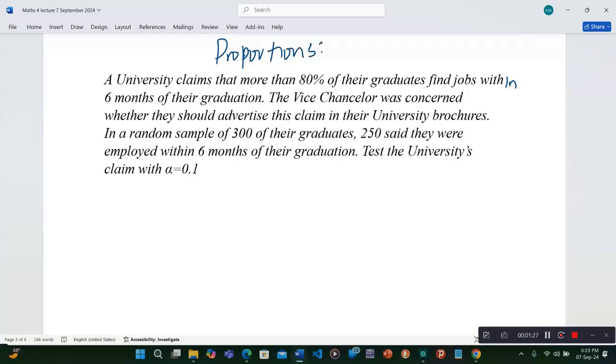And so to test the hypothesis for these proportions, we need to understand that this can be a Z-test. This can be what we call a T-test or a T-statistic.